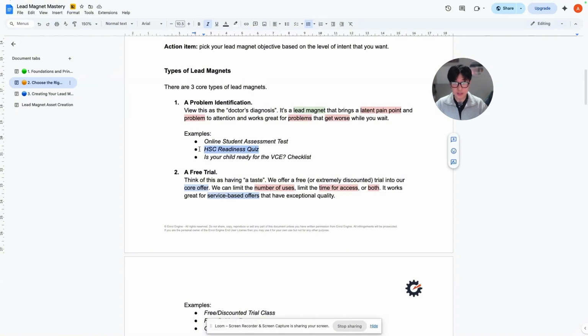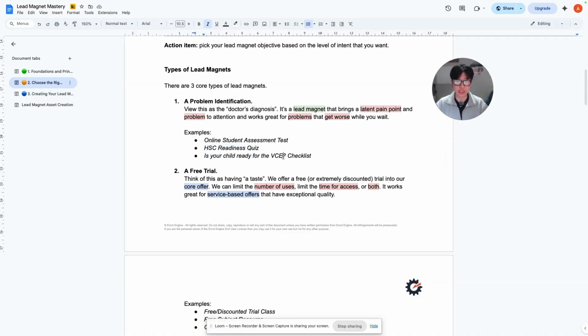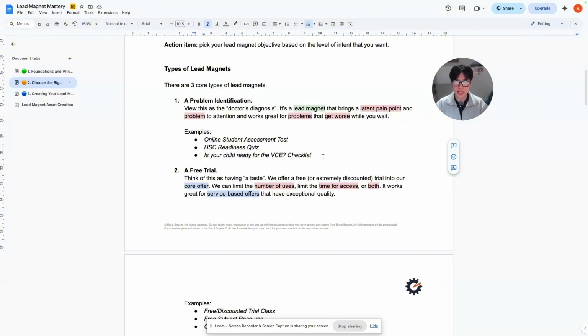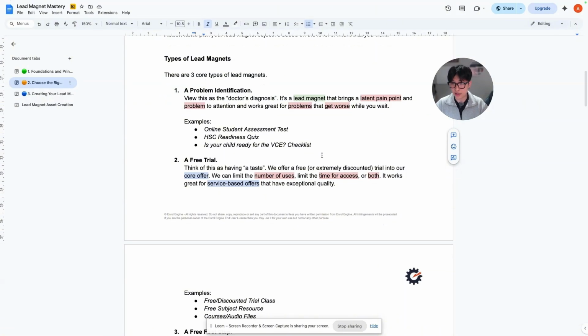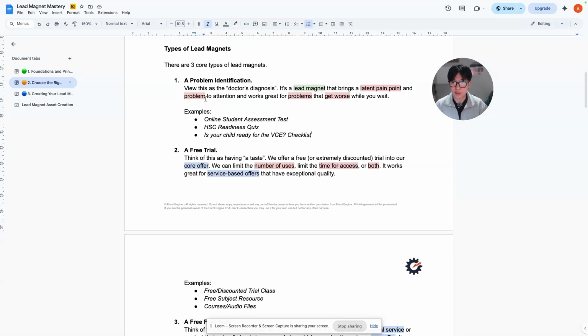A HSC readiness quiz, so how ready are you as a quiz or a checklist for the year ahead or for the next 2 years that lie ahead? Is your child ready for the VCE checklist as well, so for parents? So does your child actually need tutoring? Let's do a checklist to find out. That's the first one, a problem identification.